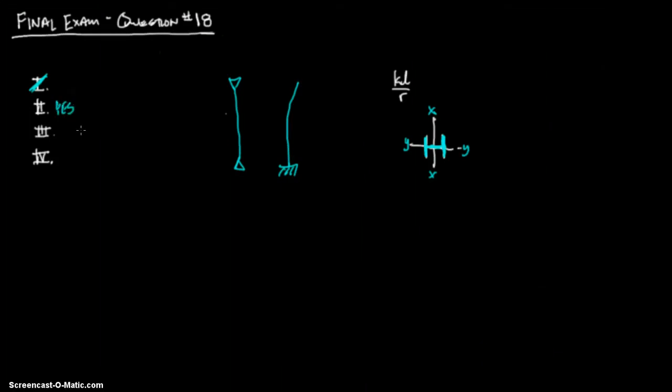Alright, number 3. K is a constant that depends on the buckled shape of the column at failure. And I'm a tentative yes on that. I believe it's a yes, and I'm going to try to explain why. But if I were taking this test, I'd be like, maybe. Let me think about that a little bit more. Essentially what you want to do is figure out what that shape is.